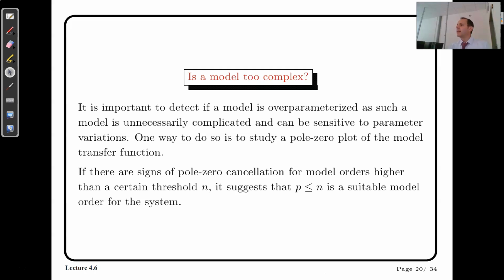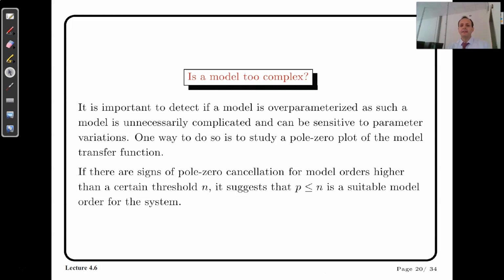Because if you remember, if there are some influences of the input in the residual, it means that you didn't do a good job selecting the structure and the order. And so we will see in the next lecture at least some suggestions for understanding if the selected model is fine.